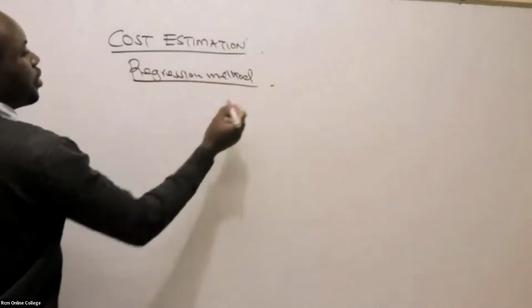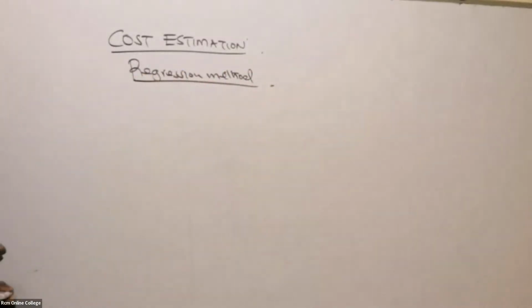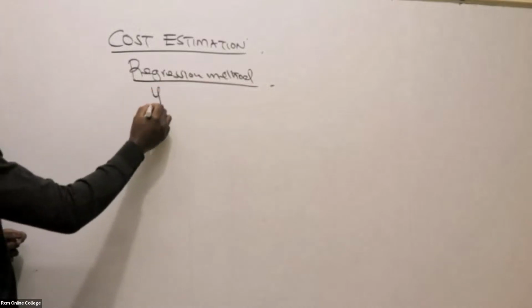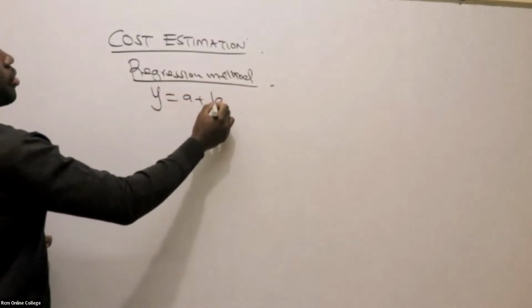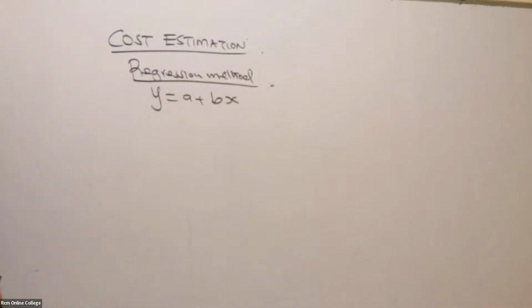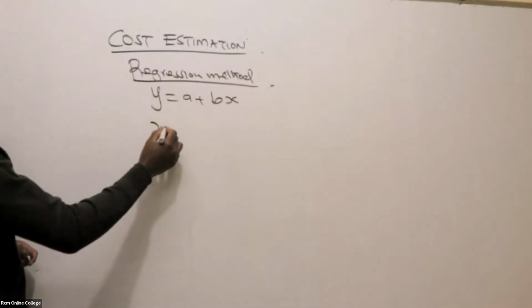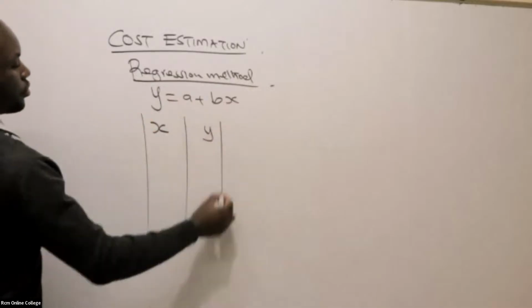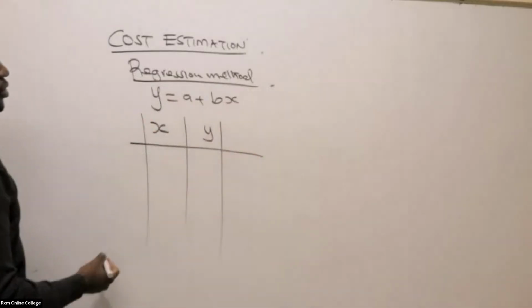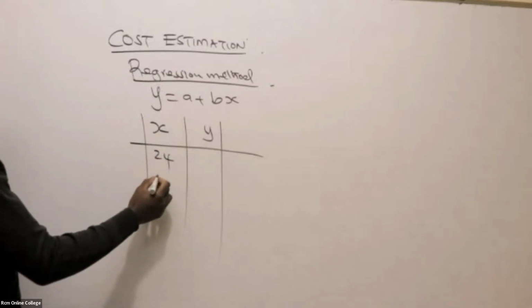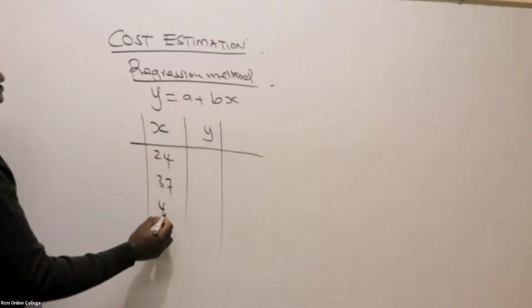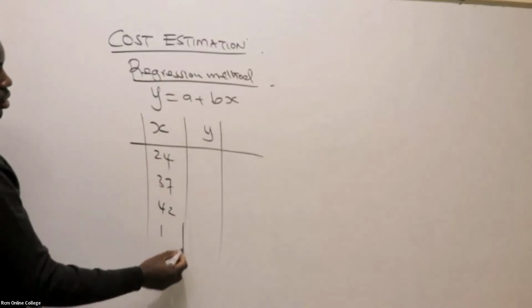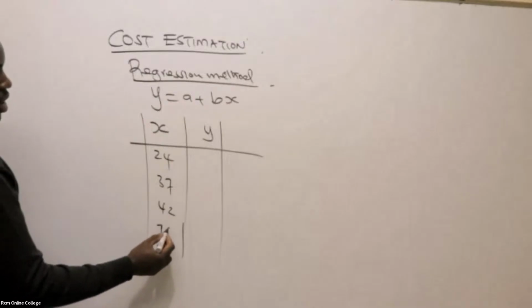Now, this regression method, if you are to use it to give us a cost function in the form of y is equal to a plus bx, maybe you'll be having x somewhere, you'll be having y somewhere here. So maybe your x is 24, 37, 42, 75.